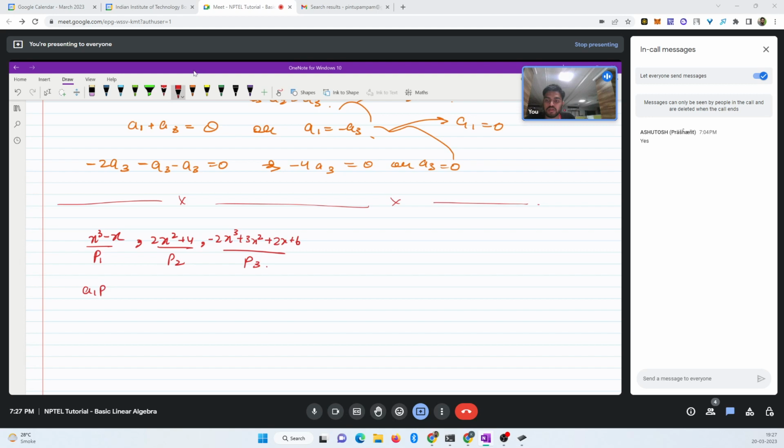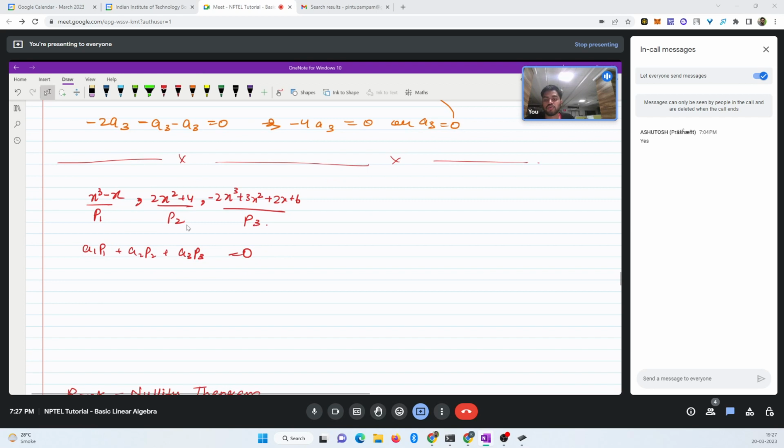So a1 P1 plus a2 P2 plus a3 P3 equal to 0. Let's take the coefficients together.